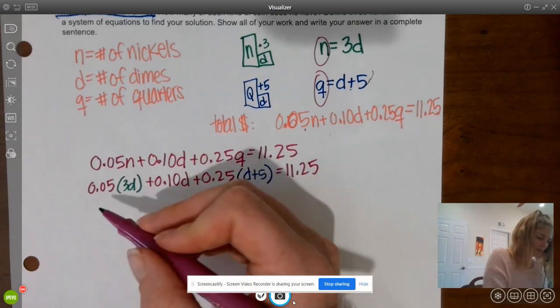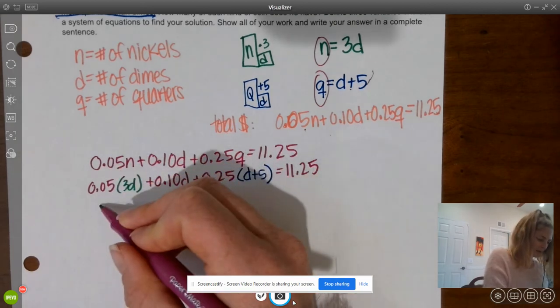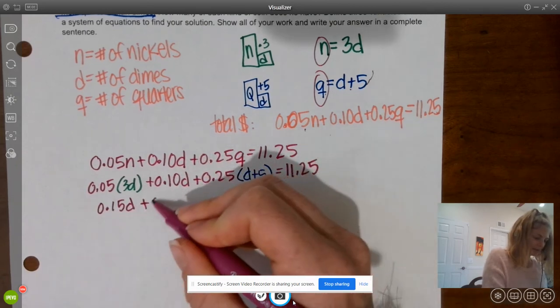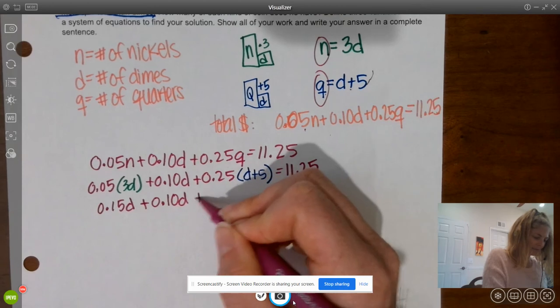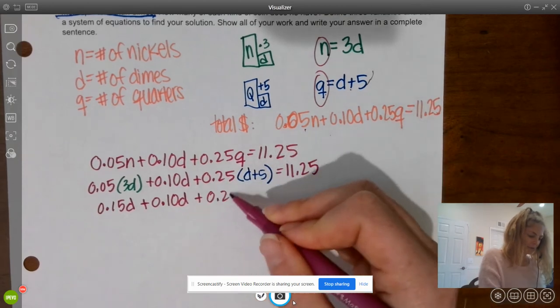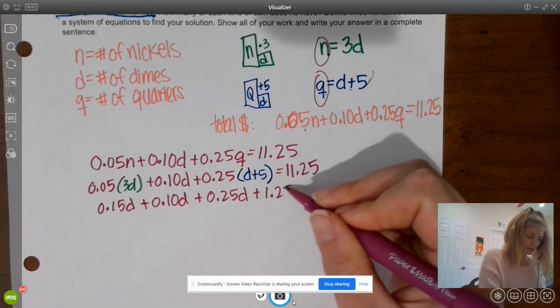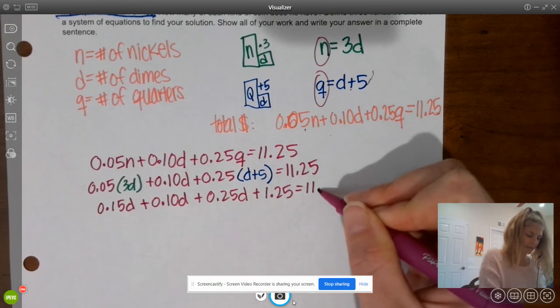And when we multiply, we're going to get 0.15d plus 0.10d plus 0.25d plus 1.25 is equal to 11.25.